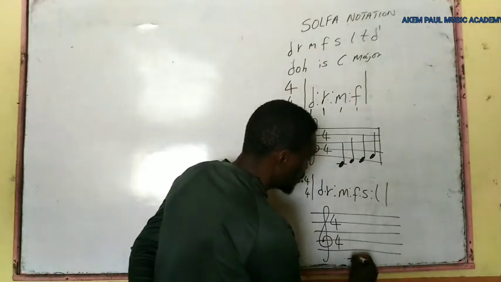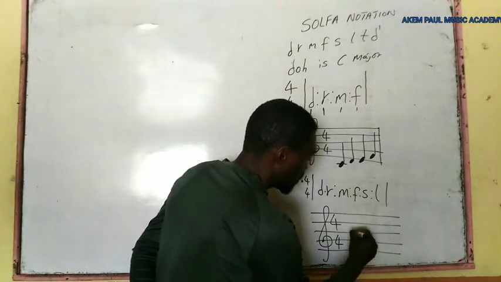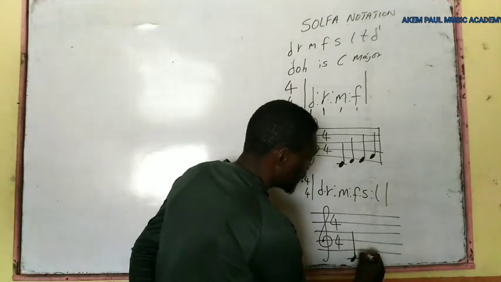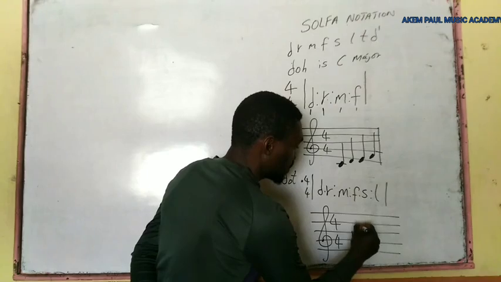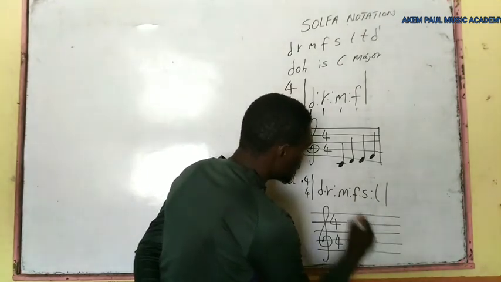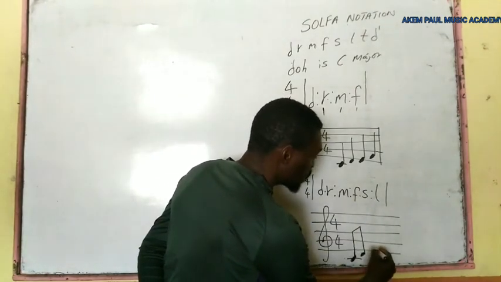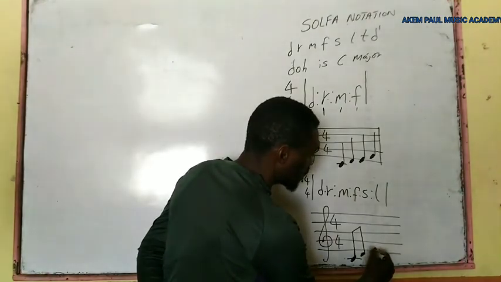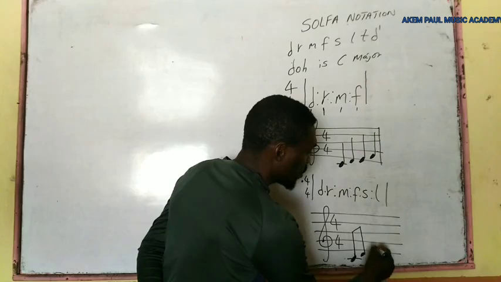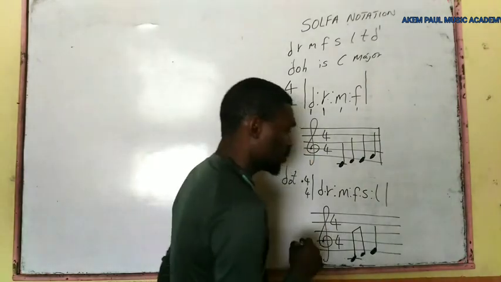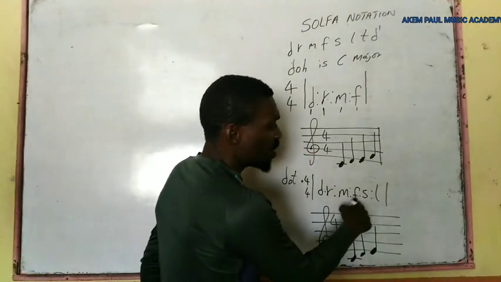This will be my do. Then this will be my re. Then this is mi, which is 1 beat. So we are going to have a crotchet or a quarter note there as 1 beat.